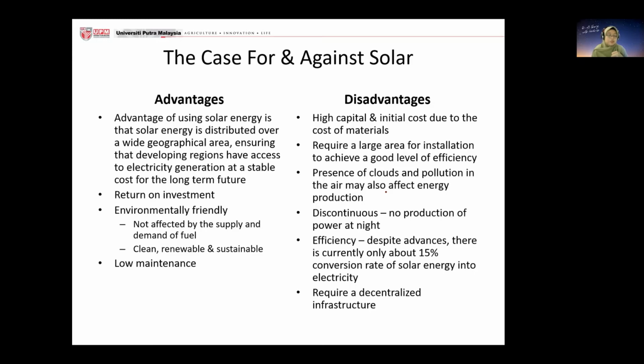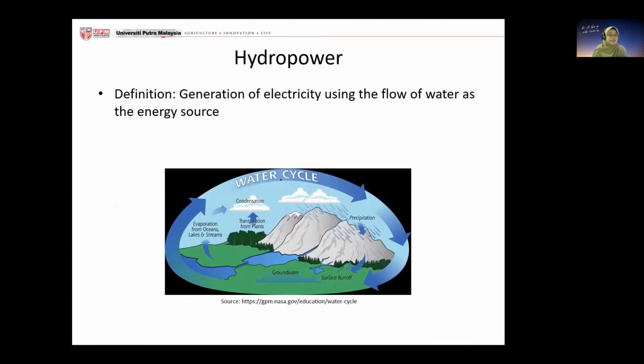That's why we see that in cities a lot of the solar power usually caters to one building, so it's basically individual based rather than something that produces electricity for the grid. So I hope that's clear.